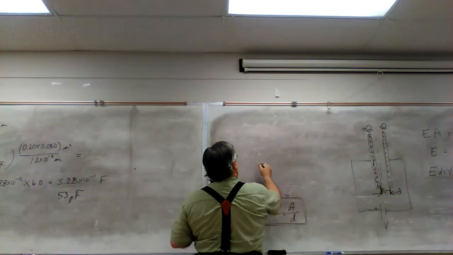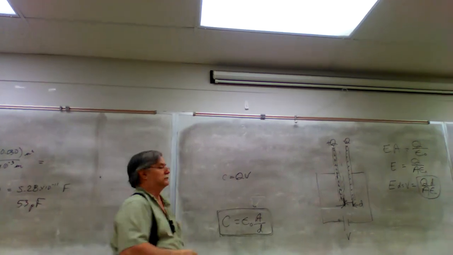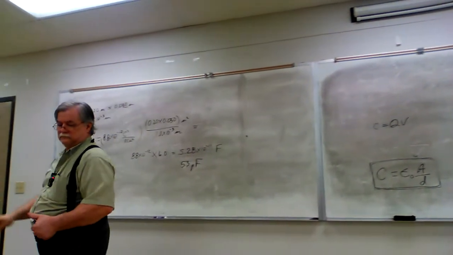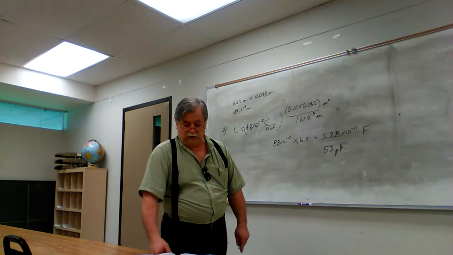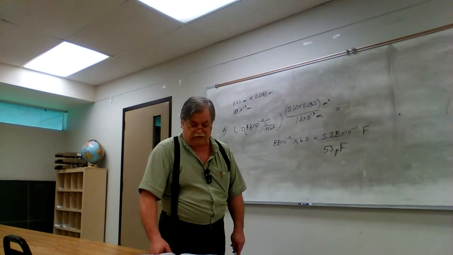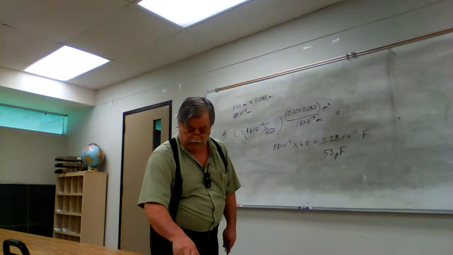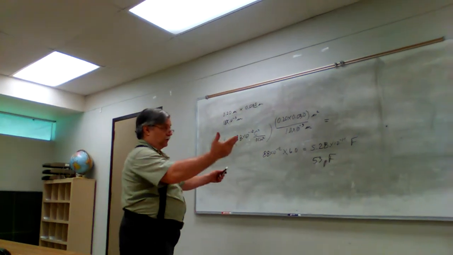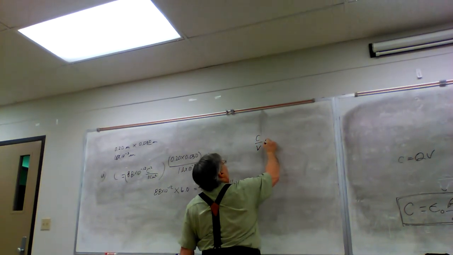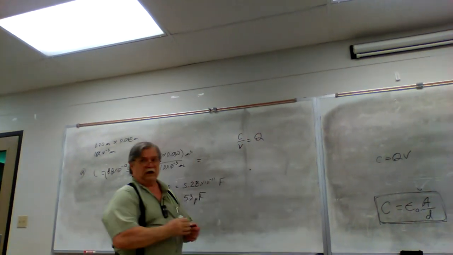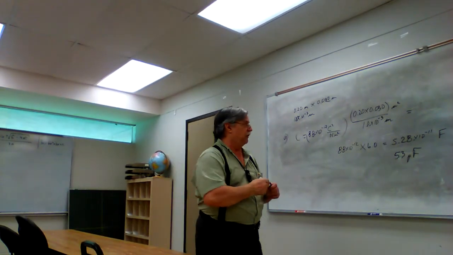Well, we still want to keep C equals Q over voltage. All right. Well, that's A. B, what is the charge on each plate if you put 12 volts across it? Okay, well, C divided by V equals Q. So we've got 53 times 10 to the minus 12 farads divided by 12 volts.